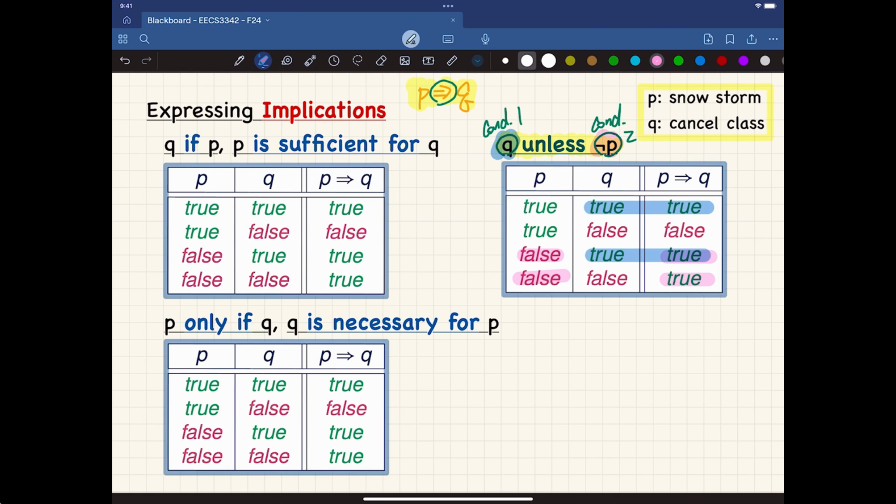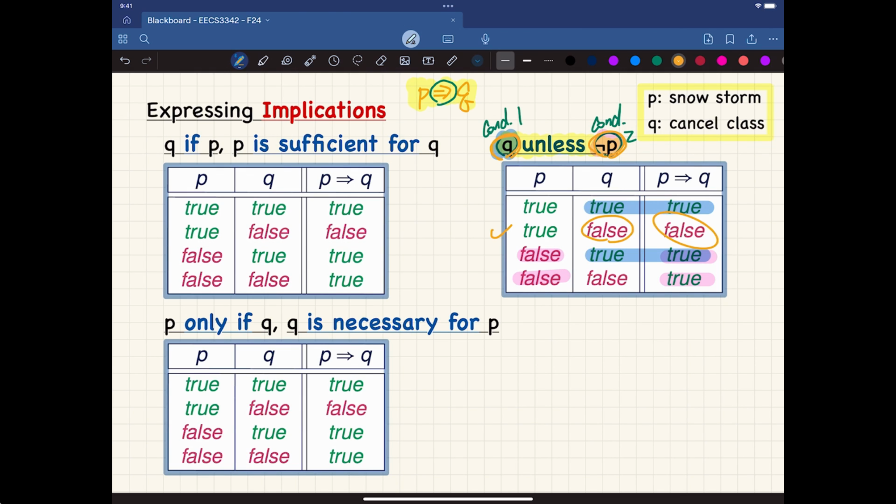What about the remaining row here? The remaining row over here tells me that neither Q nor not P is the case. In that case, I should really get P implies Q being false. So you can see Q is not true. In that case, I got Q being false. I got not P is, well, not P is not the case.